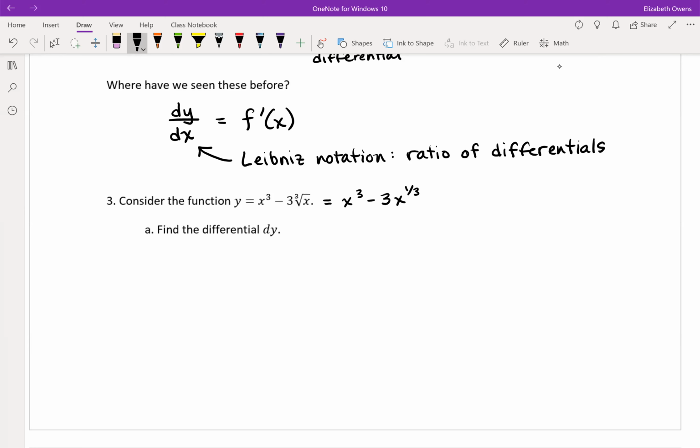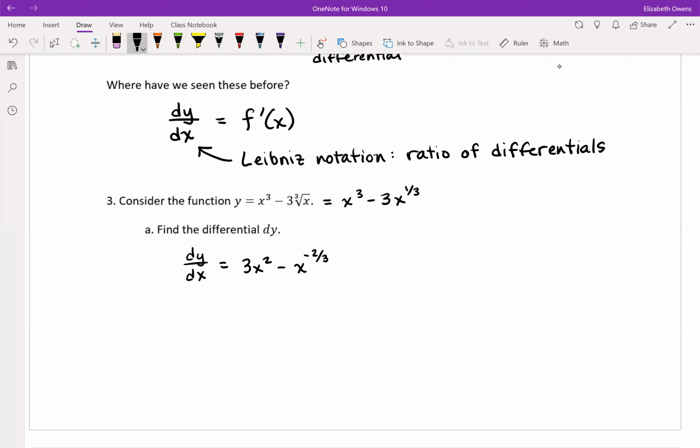Okay, we are going to find the differential dy. And really all we need to do for that is to find the derivative. dy dx equals f prime of x, which we can just power rule on that. That would be 3x squared minus, well, 1/3 times 3, that would be 1 x to the negative 2/3 power.